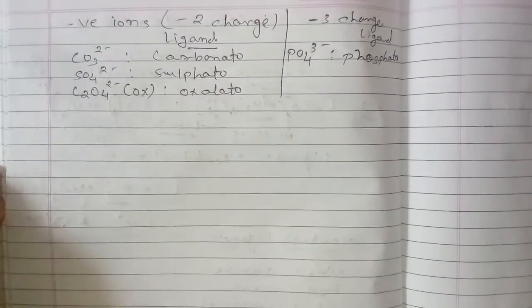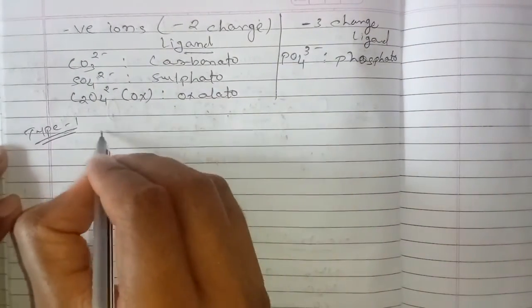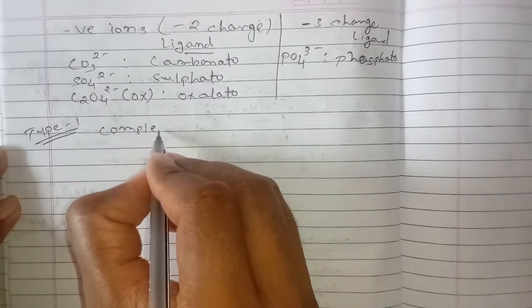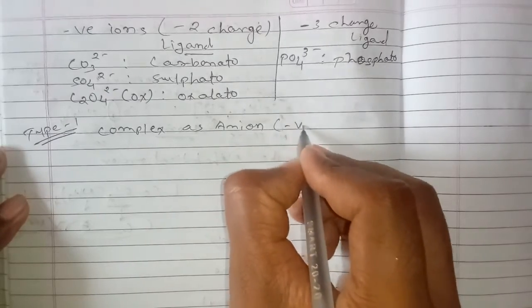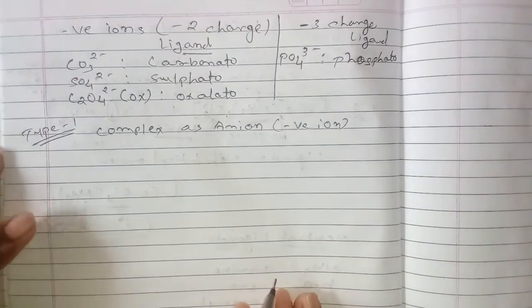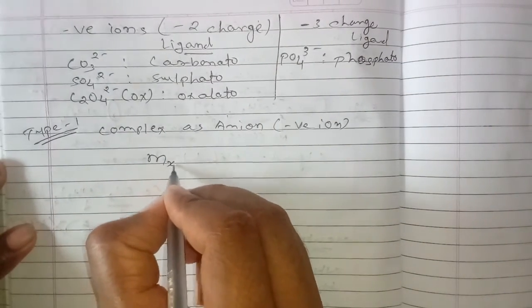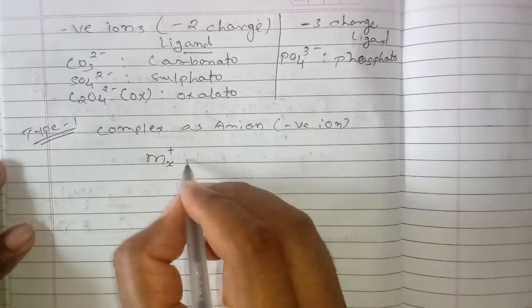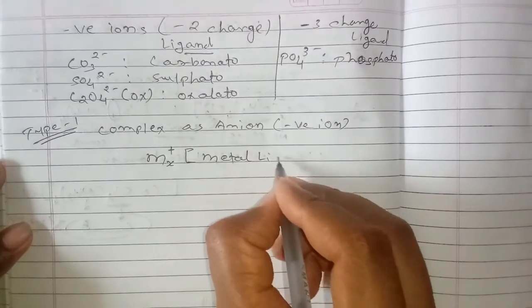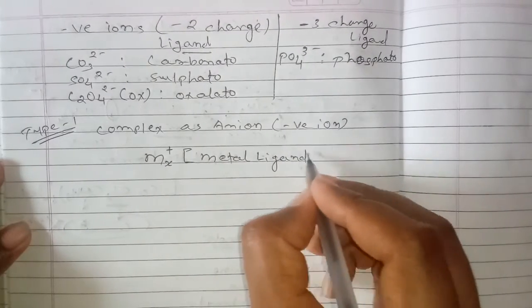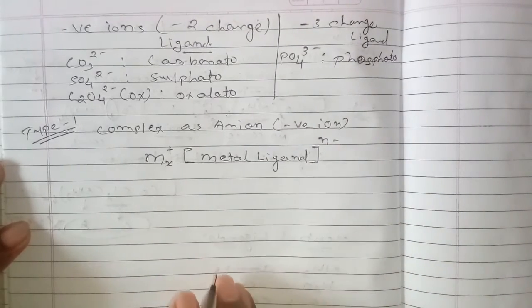Now the first type of complex is the complex anion, or negative ion: M plus, the metal and ligand, and n minus charge.